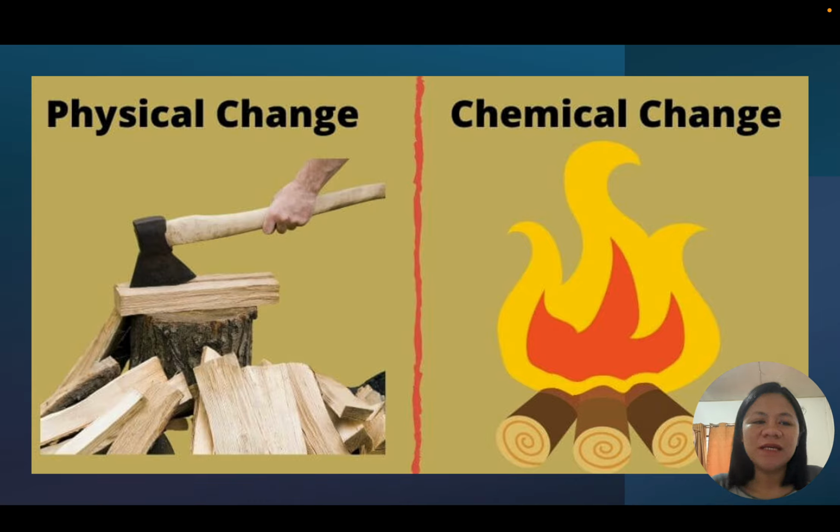That is the difference between physical and chemical change. Again, in physical change, there's no change in its composition, just the shape or the state. In chemical change, there will be a lot of changes, not just physically, but chemically.